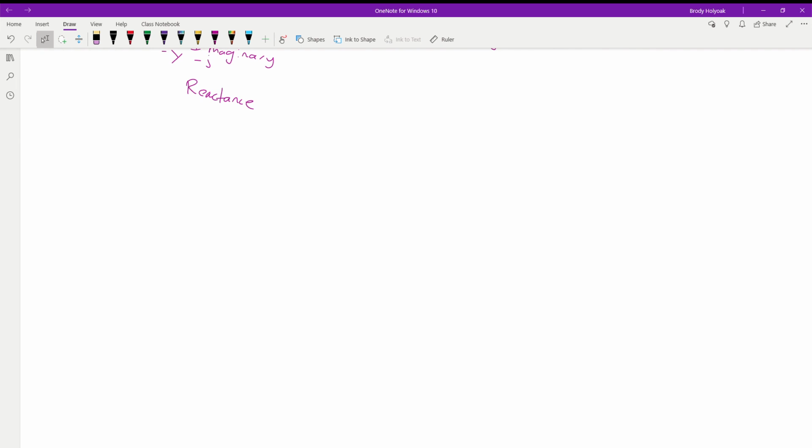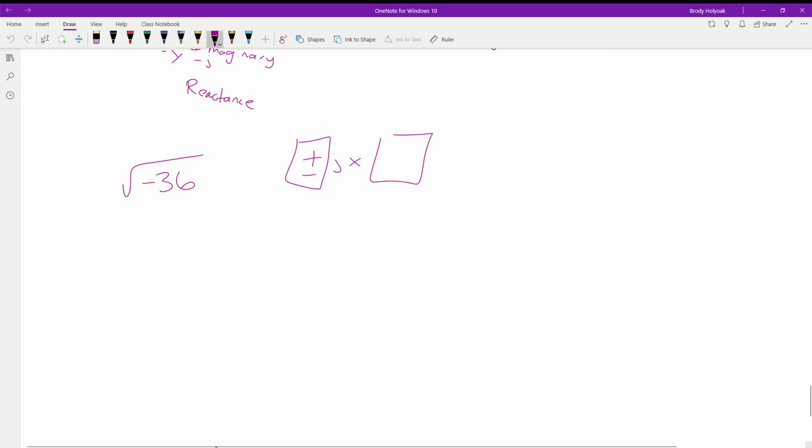So, for example, in the quiz, we're given this question: the square root of negative 36, and we want to convert it to its equivalent. In the options that we have, we're looking at plus or minus j times some value. You have the option to select plus or minus and then type in your answer.